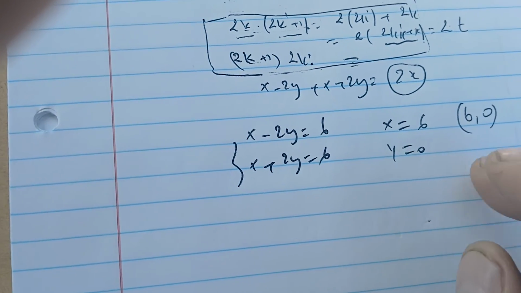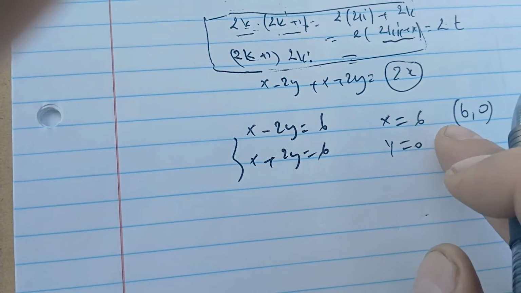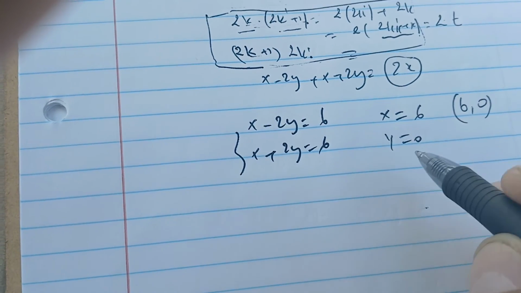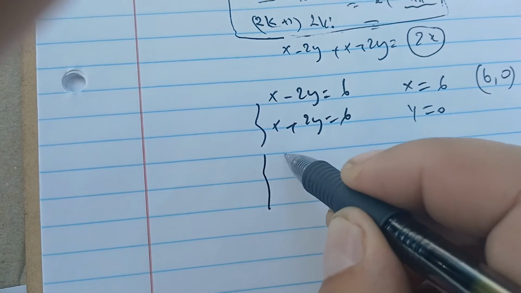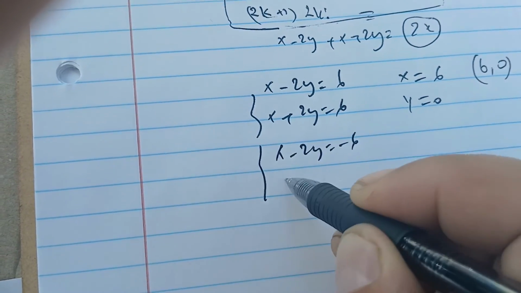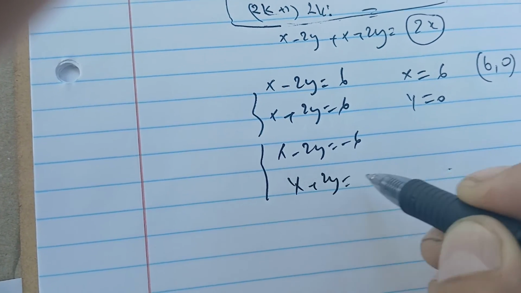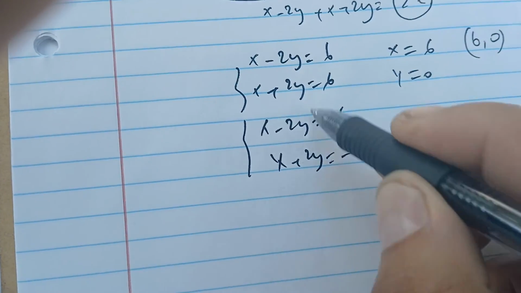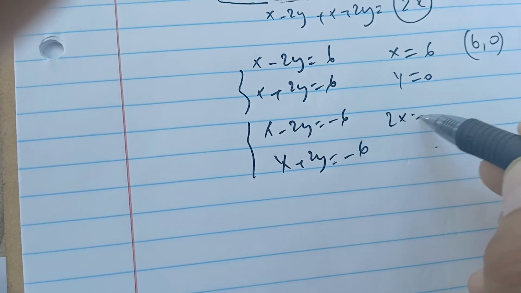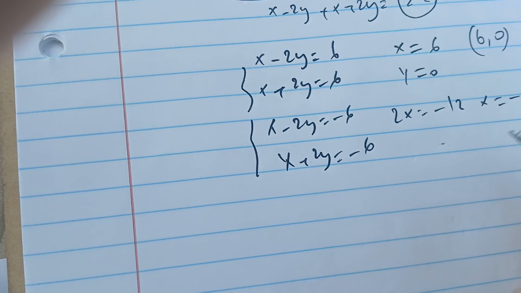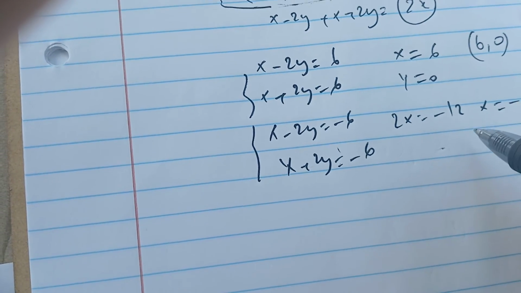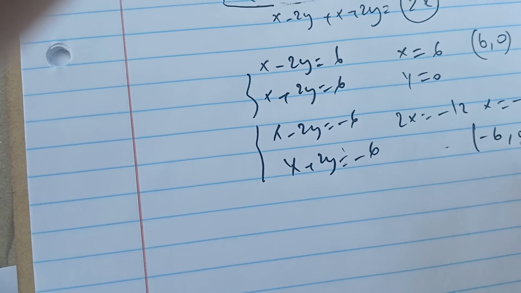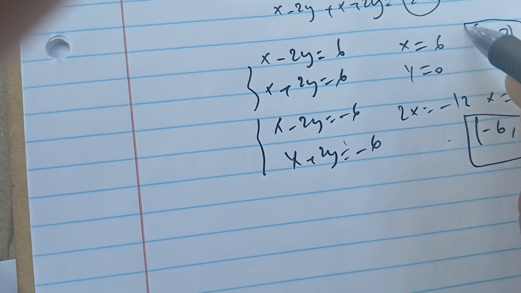We can also have minus 6, minus 6. x minus 2y is minus 6 and x plus 2y is minus 6. When you add these two equations, you get 2x is minus 12, so x is minus 6 and y is 0. That means minus 6, 0 is also a solution.